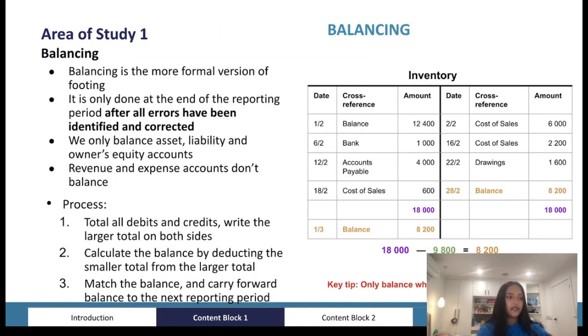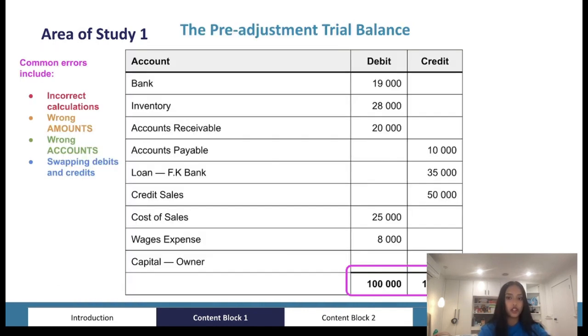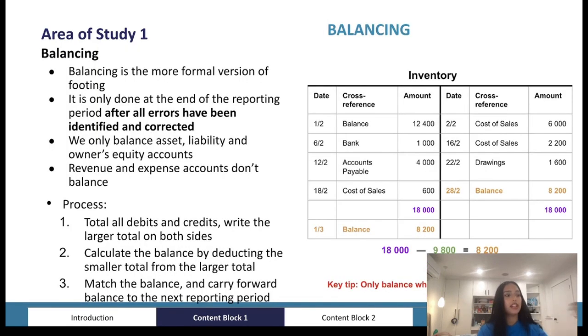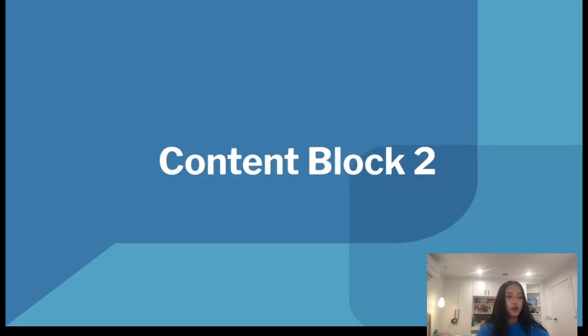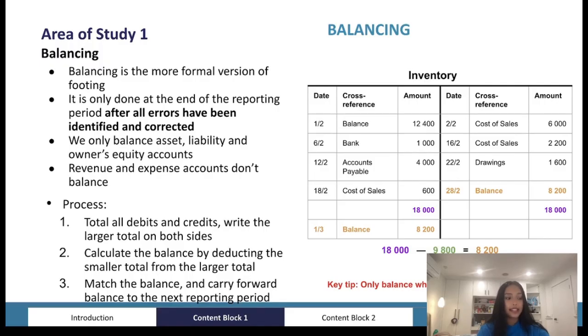After we've identified any errors and fixed them, and the balances in our pre-adjustment trial balance match, then we can formally balance the ledger accounts. This is called balancing, which is basically the formal version of footing. It's important to note that only asset, liability and owner's equity accounts are balanced. We do not balance revenue and expense accounts.